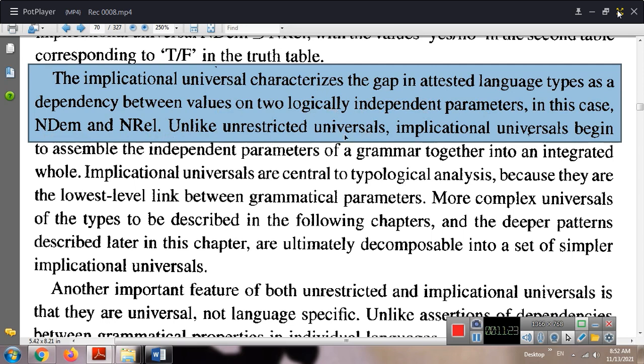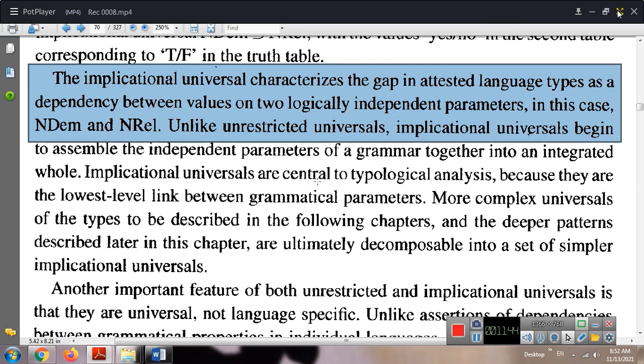Unlike unrestricted universals, implicational universals begin to assemble the independent parameters of a grammar together into an integrated whole. It is another difference between unrestricted universal and implicational universal.